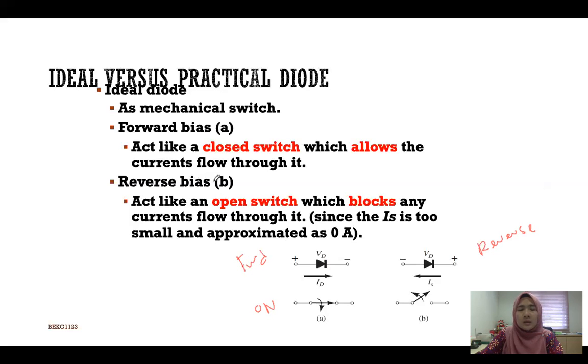But when the diode is in reverse bias, this diode will act like an open switch, so the current cannot flow. Since the current is too small, we approximate it as 0. So this is the difference between the ideal diode in forward bias and reverse bias.